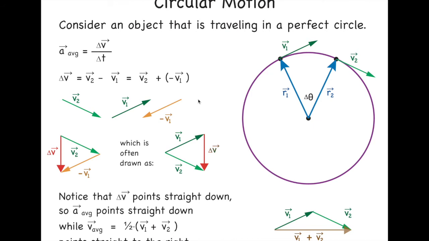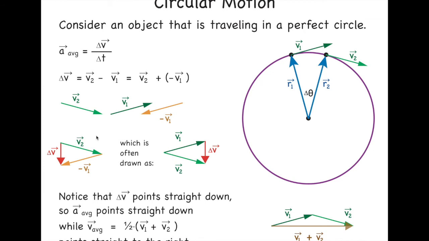Okay, we could reevaluate this with a smaller angle, right? So a smaller difference. Everything here is the same. It's just that we've now only let it travel from here to here, and I've chosen them again symmetric around the vertical position just for convenience. If we had chosen something else, then we just rotate our heads. But again, by either way of doing the vector addition, you see that delta v again points straight down.